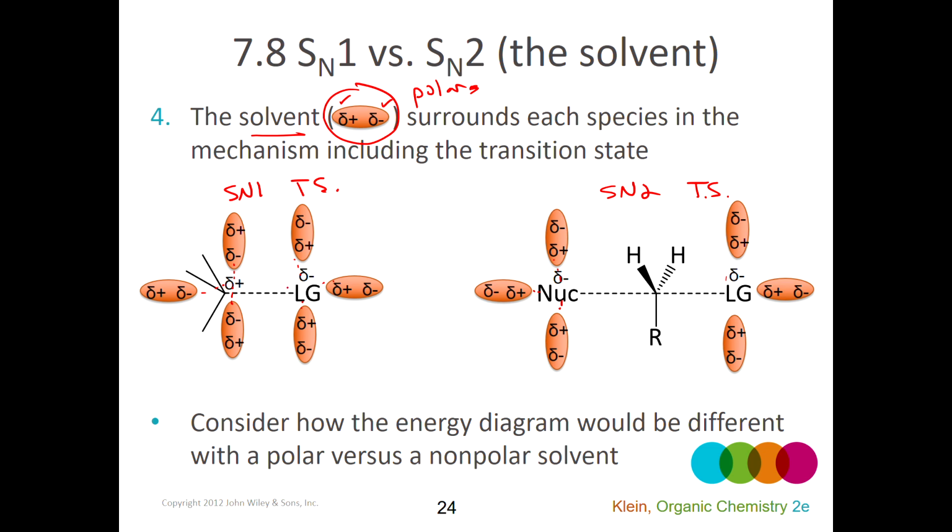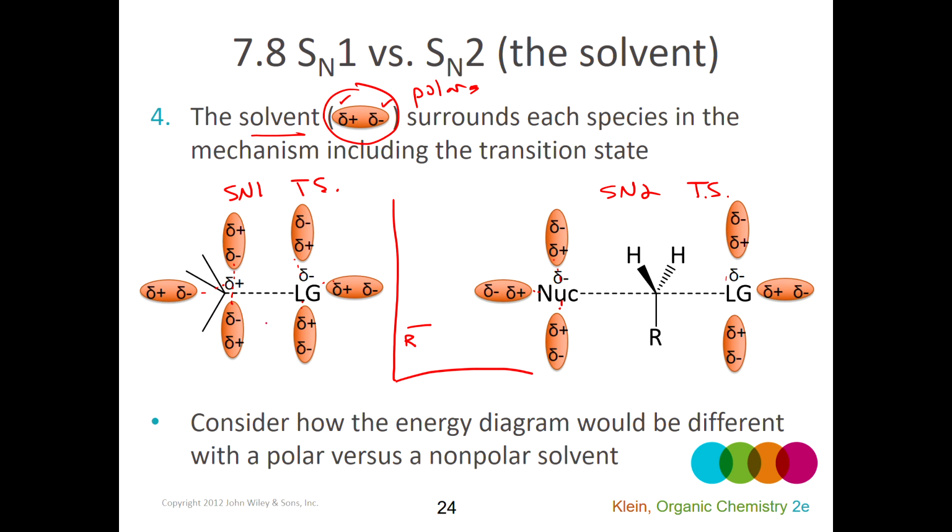But as they start to get pulled away, and I start to form these partial charges, the better the attractions between the solvent and these charges, the more stable the transition state will be. So if I try to imagine this first step in an SN1 where the leaving group leaves, this is the reactant.